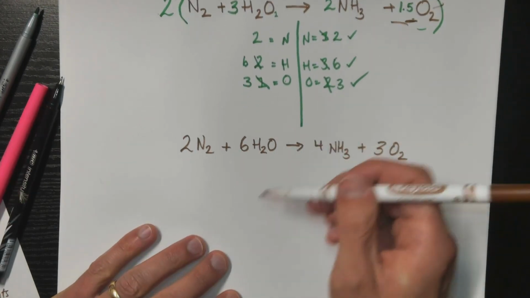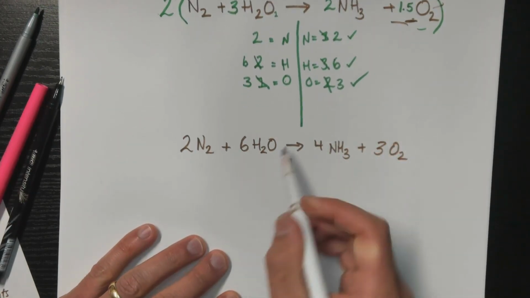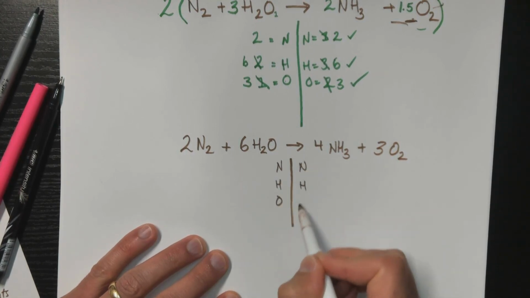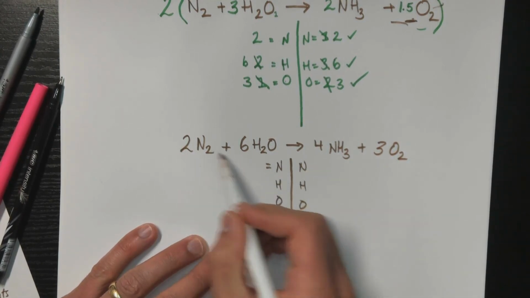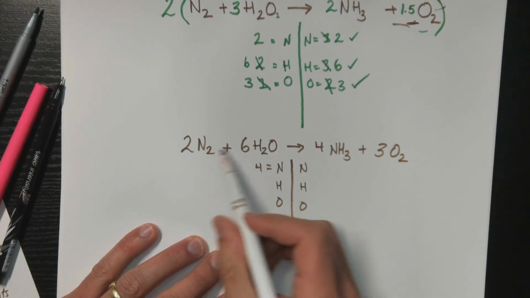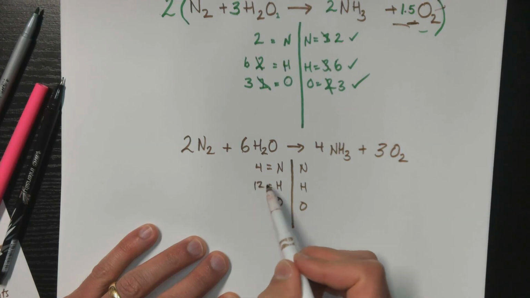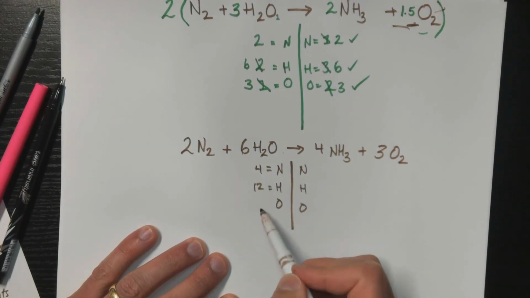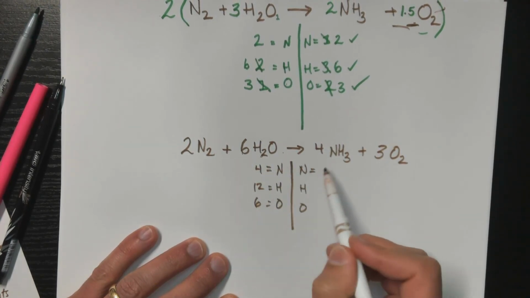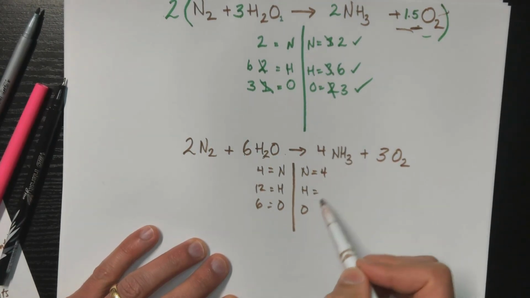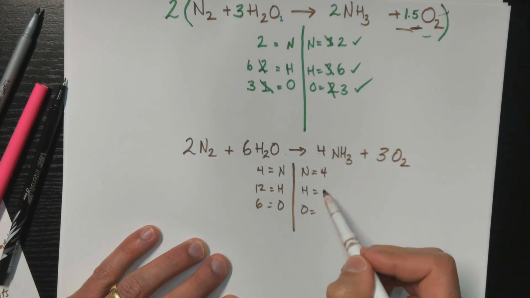So let's just double check that did work, okay? Let's put our letters down again. And let's count. 2 times 2 is 4 hydrogens. 6 times 2 is 12 hydrogens. 6 times 1 is 6 oxygens. 4 times 1 is 4. 4 times 3 is 12.